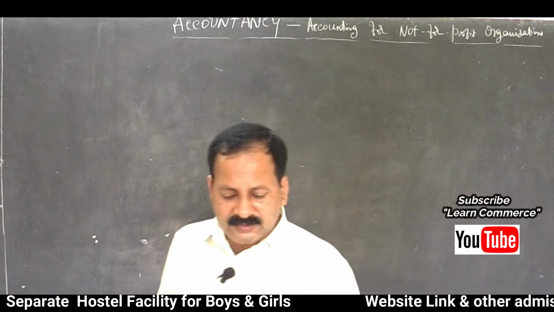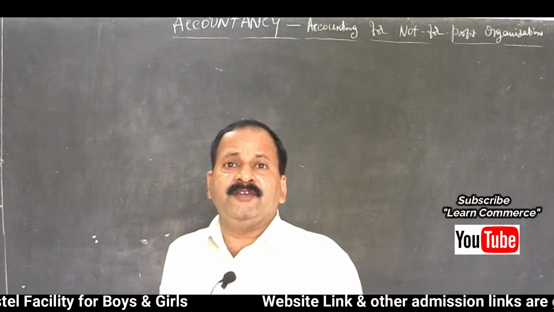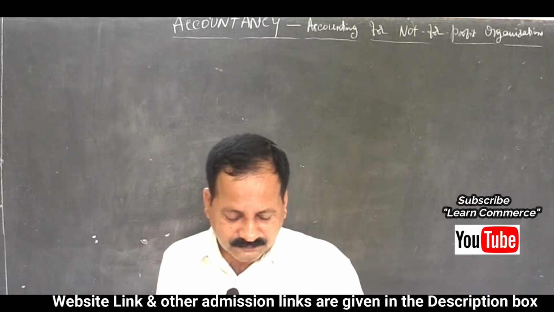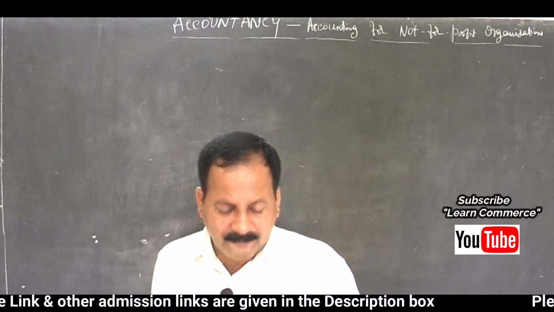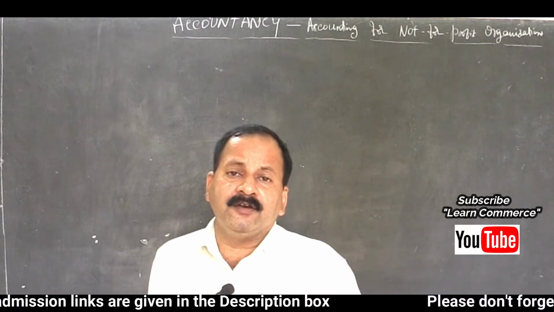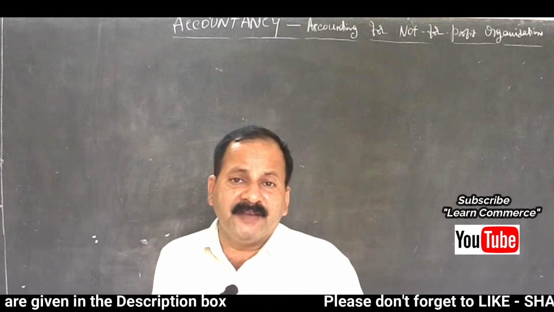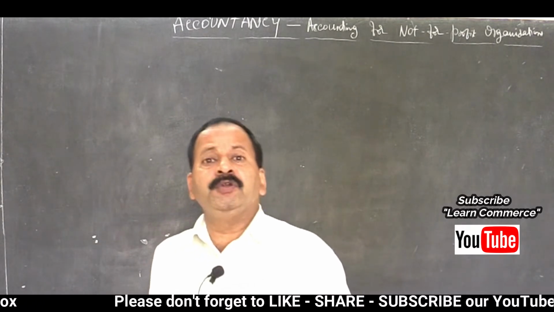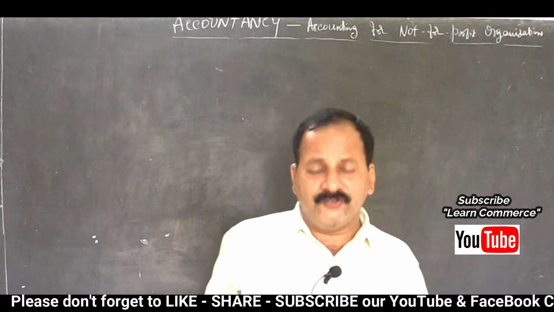Then closing outstanding rent should be added to rent because it belongs to the current year. Outstanding rent of the current year, rent payable, expenses pending to be paid, outstanding expenses, should be shown on the liability side of the balance sheet.